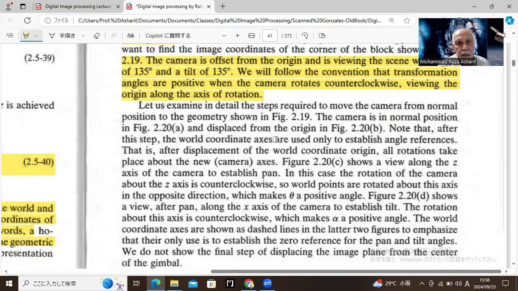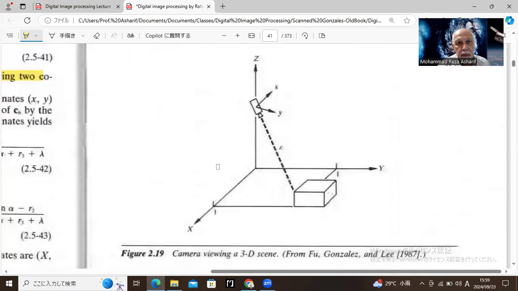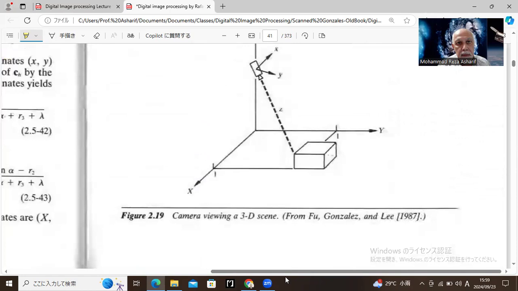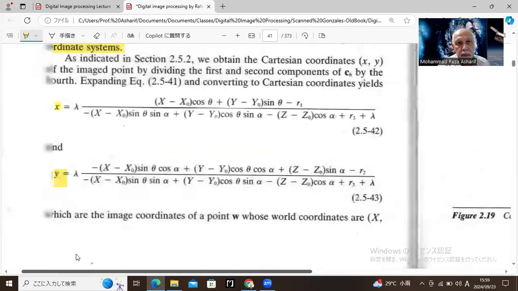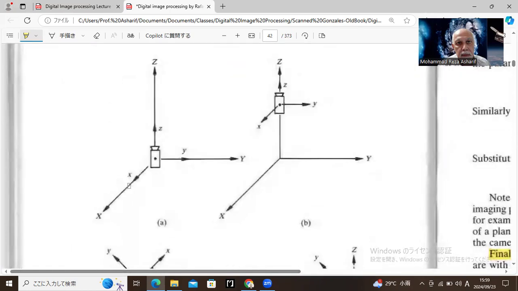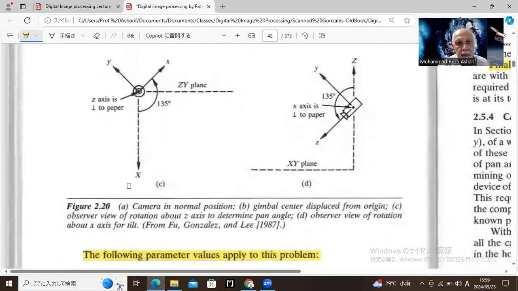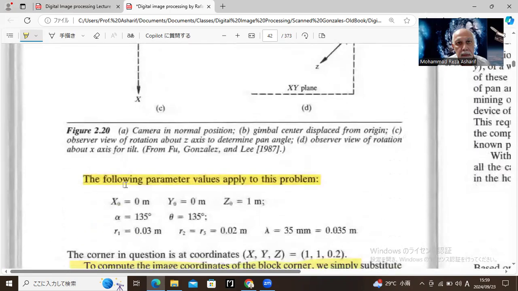Anyway, after this calculation, this picture I don't want to show you all of this, you have to calculate all of these images. Then the following parameter values apply to this problem. X0 is 0 meters, Y0 is 0 meters. It is a world coordinate.